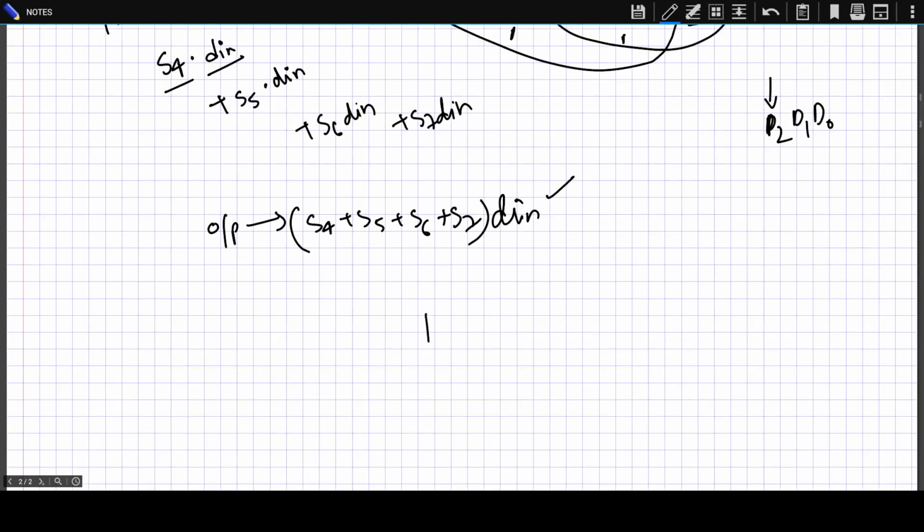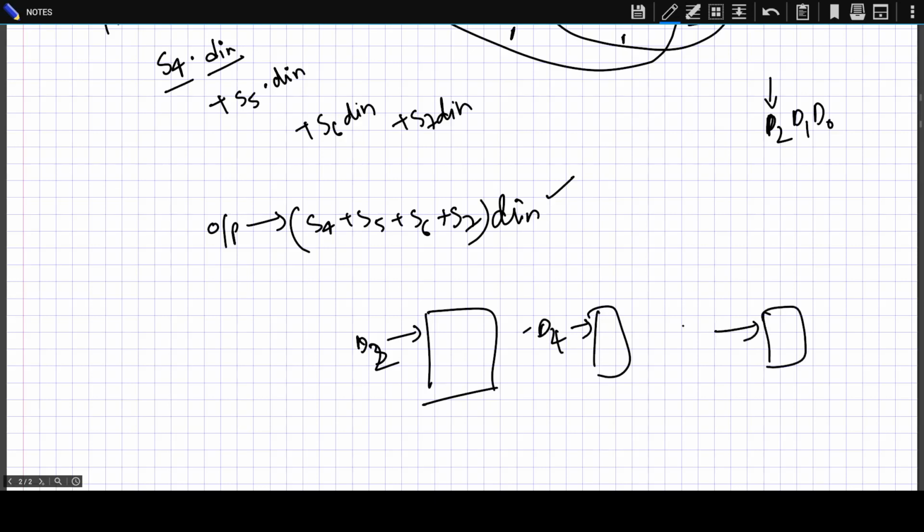In practicality, we would have 3 D flip-flops, with inputs D2, D1 and D0, and they would output Q2, Q1 and Q0. The D0, D1 and D2 should have a next state logic input. The combinational logic should be present to determine the next state according to the FSM.